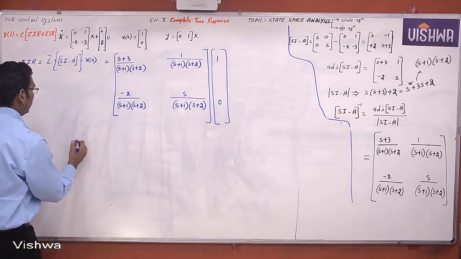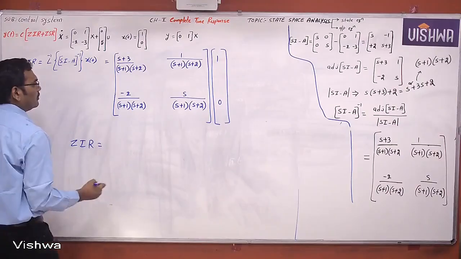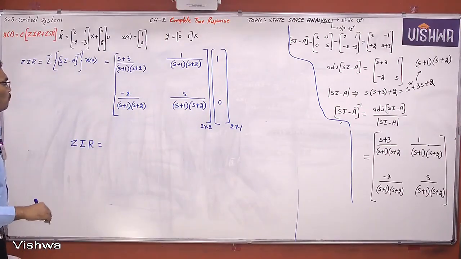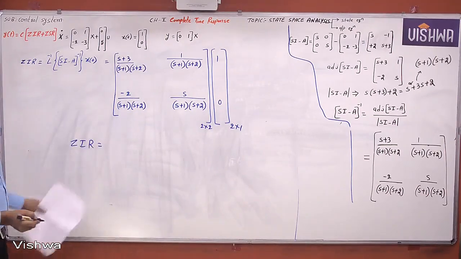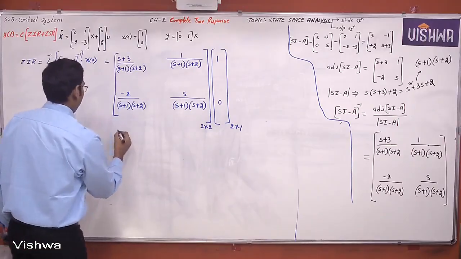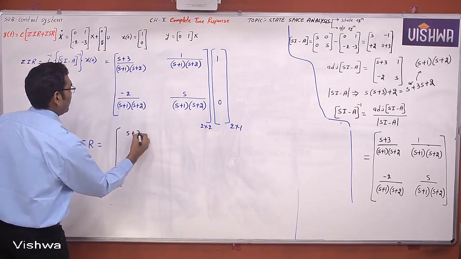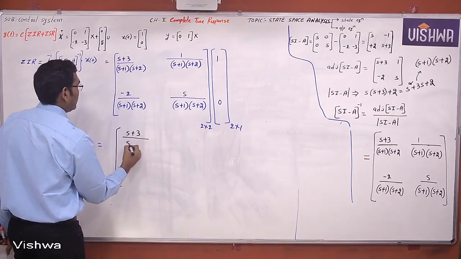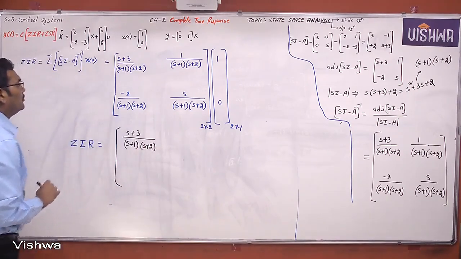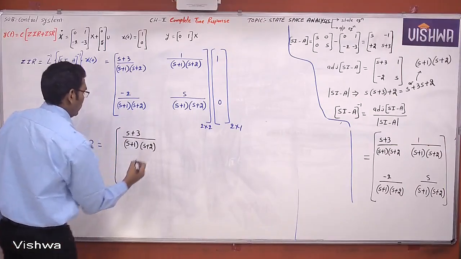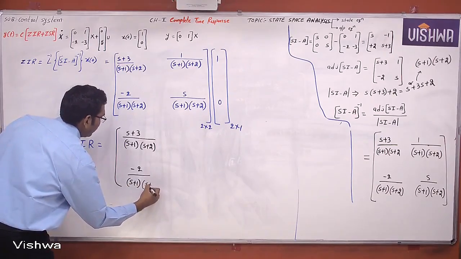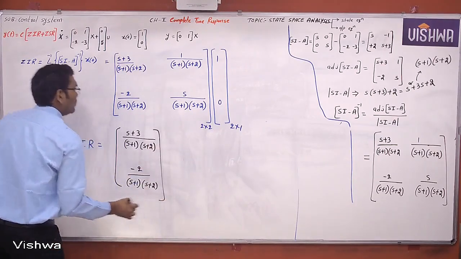This is 2 by 2 and this is 2 by 1, so finally this is the zero input response: s plus 3 by s plus 1 into s plus 2, and minus 2 by s plus 1 into s plus 2.